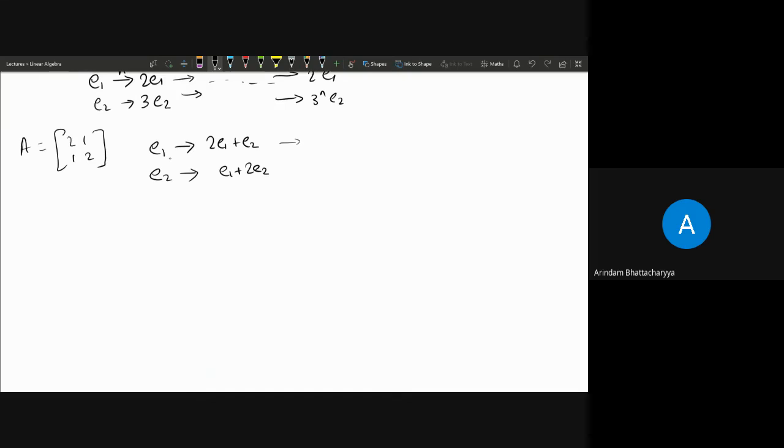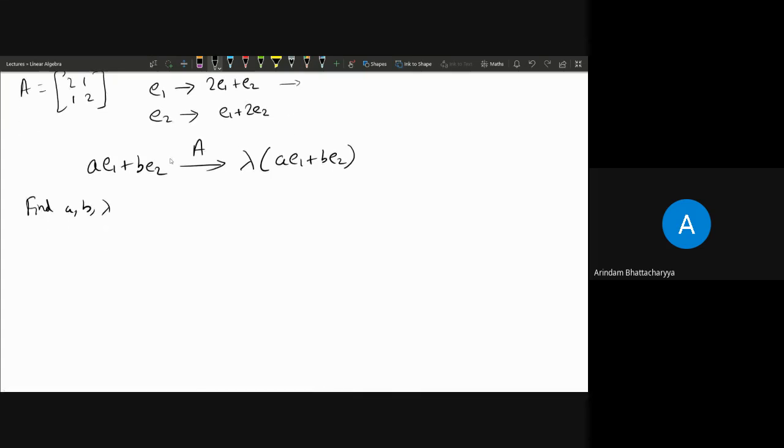But can you find me some combination of this? Let's say A E1 plus B E2 such that after the map it looks like this. Find A, B, lambda. The map is applied just once.